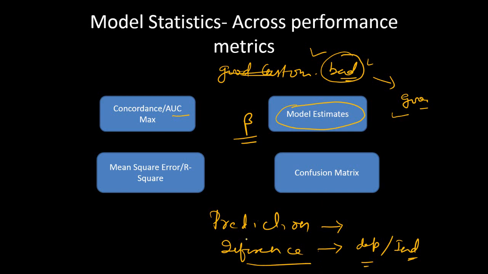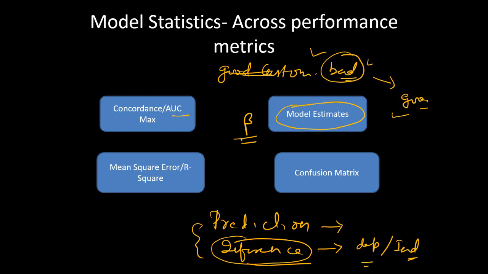When our motivation, or objective of building the model, is inference, sometimes we may have both prediction as well as inference, but a number of times you will see the major objective will be one of these two, right? So if the major objective is inference, you need to be very careful about the model estimates or the beta values.